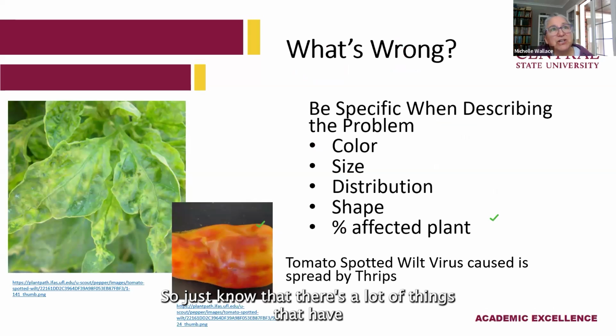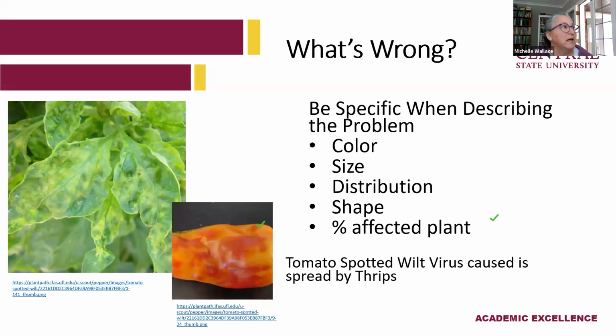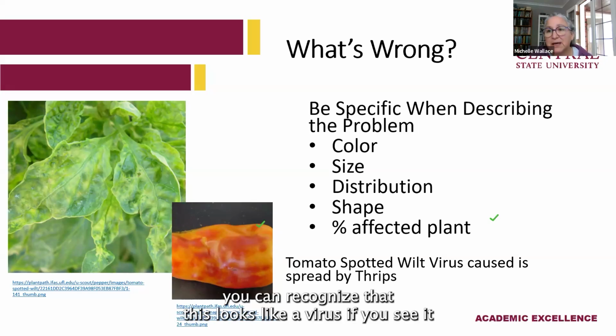So just know that there are a lot of things that can have similar symptoms. In this particular slide, we're seeing a mottled looking leaf. Those mottled symptoms are also on this tomato. When you become familiar with certain color, size, distribution of certain problems, you can recognize that this looks like a virus.